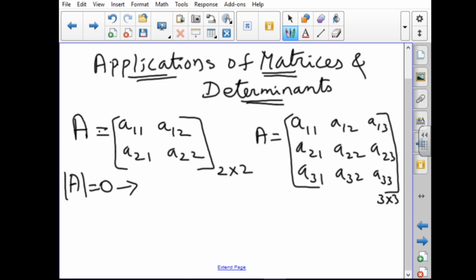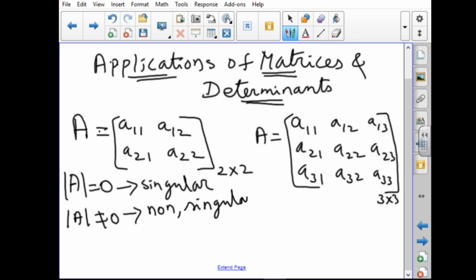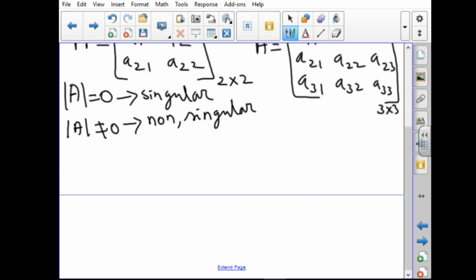When the determinant of A is not equal to 0, we say it is non-singular. The elements are taken as Aij, that is the ith row and jth column.